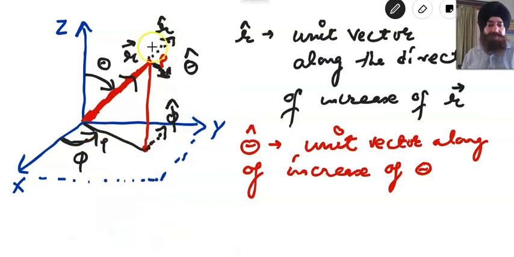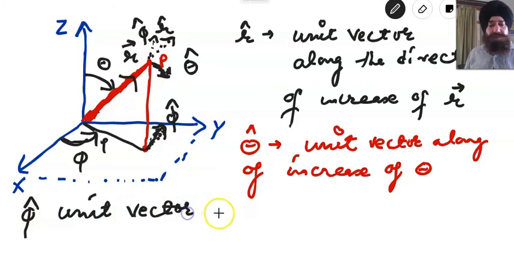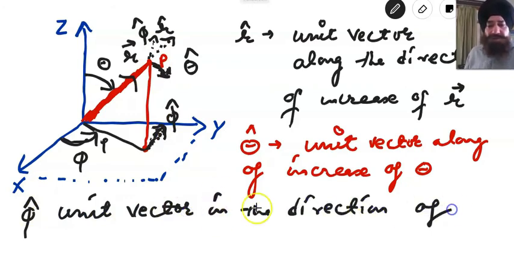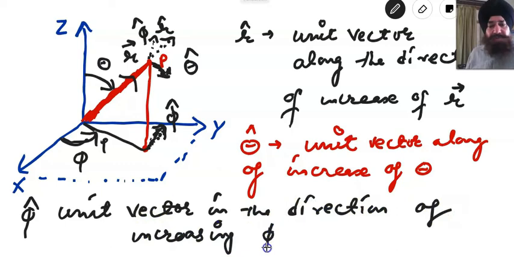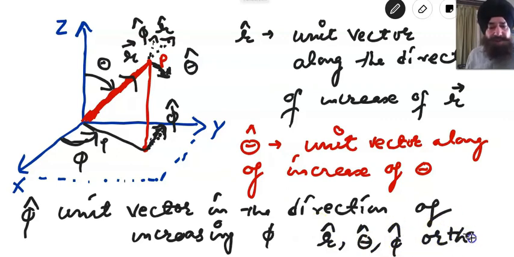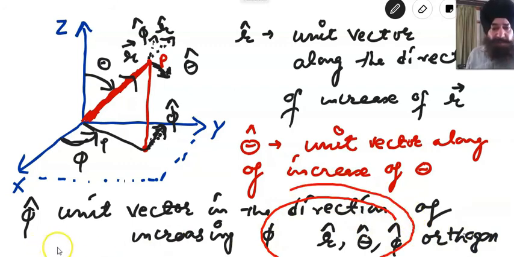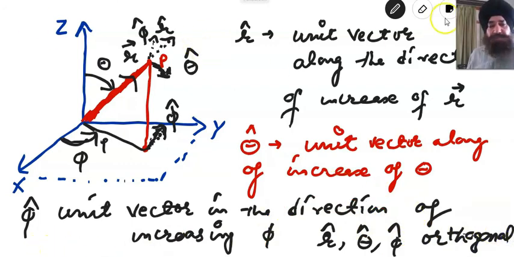That will be the direction of phi cap. Now one thing you note down: r cap, theta cap and phi cap are orthogonal vectors. You know the meaning of orthogonal? They are at right angle to each other, perpendicular to each other.